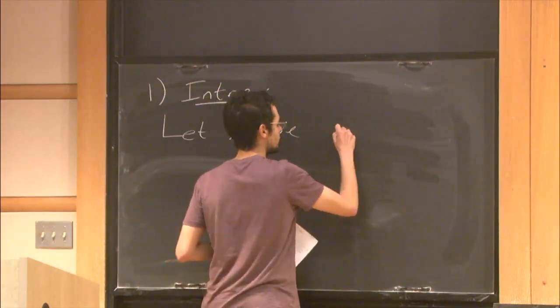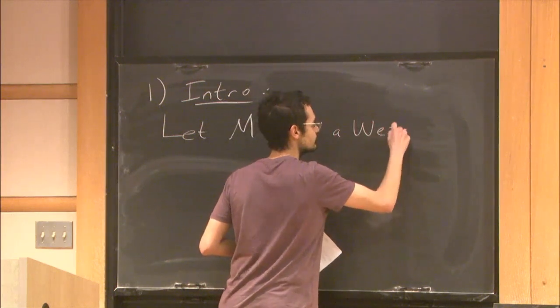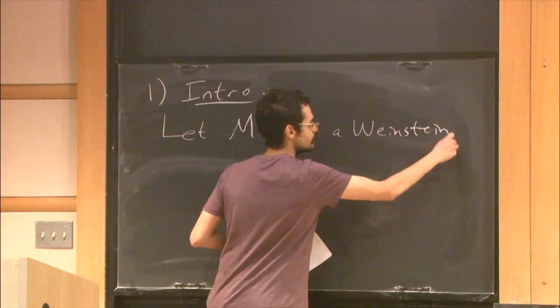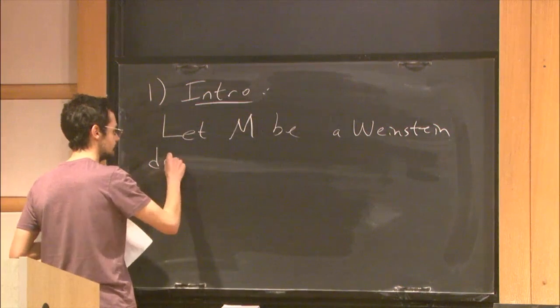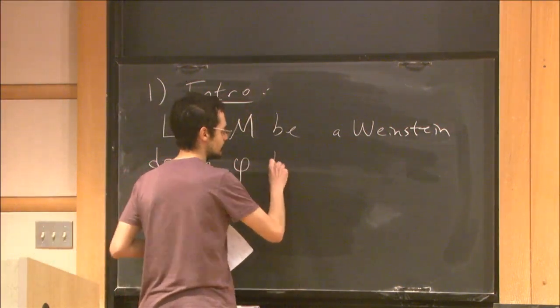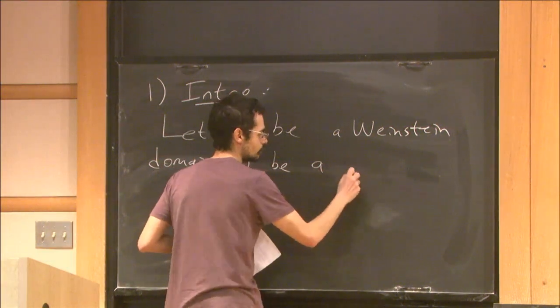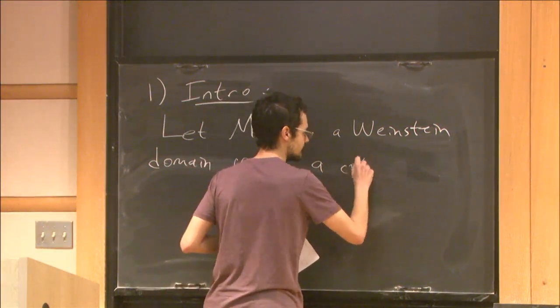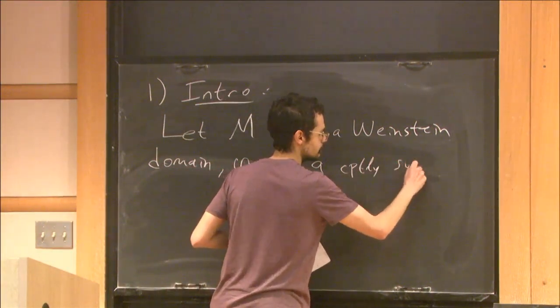So let M be a Weinstein domain, and phi be a compactly supported exact symplectomorphism.